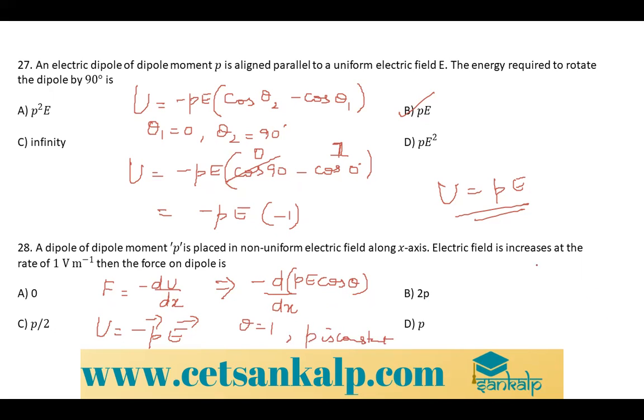So then F is equal to P dE by dx, but dE by dx is given as 1. So I can write F is equal to P. So option D. I hope you are clear.